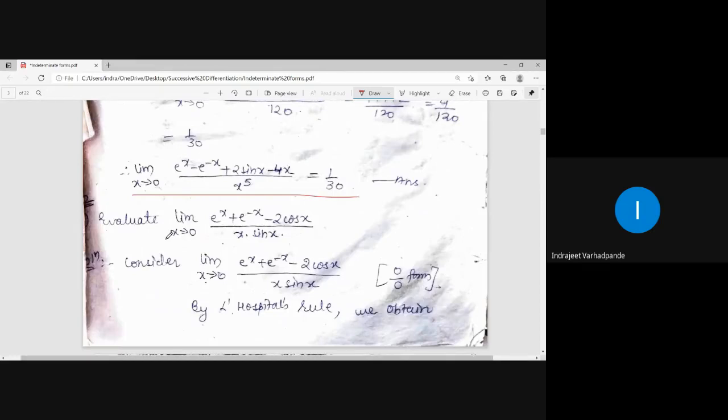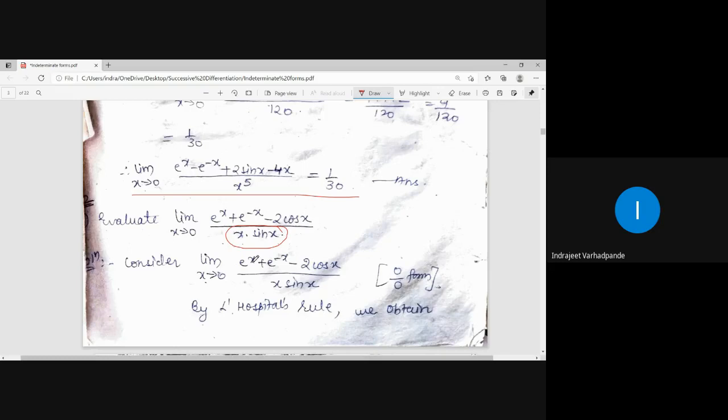Next, evaluate limit x tending to 0, e to the power x plus e to the power minus x minus 2 cos x upon x into sin x.